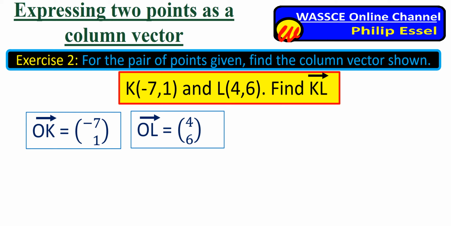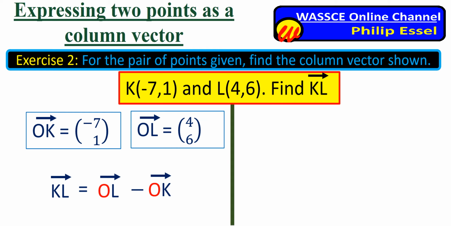Next, we would resolve the vector KL into its component position vectors. So vector KL equals the vector OL minus the vector OK. I believe we can all do this. At this point, we would have to substitute the position vectors into the vector equation.